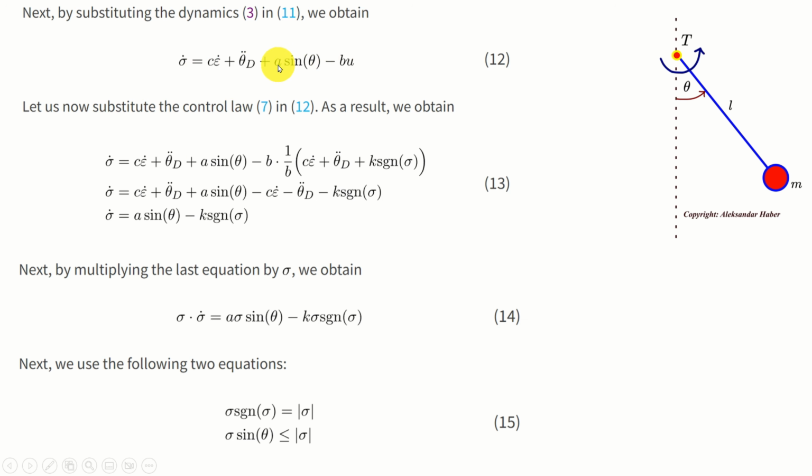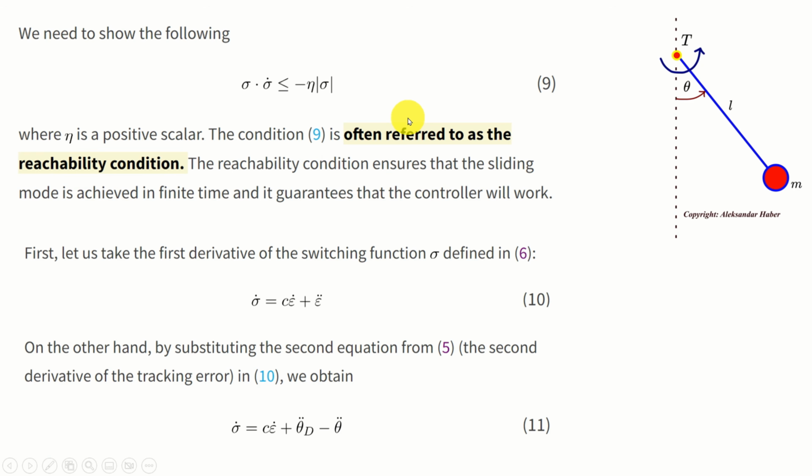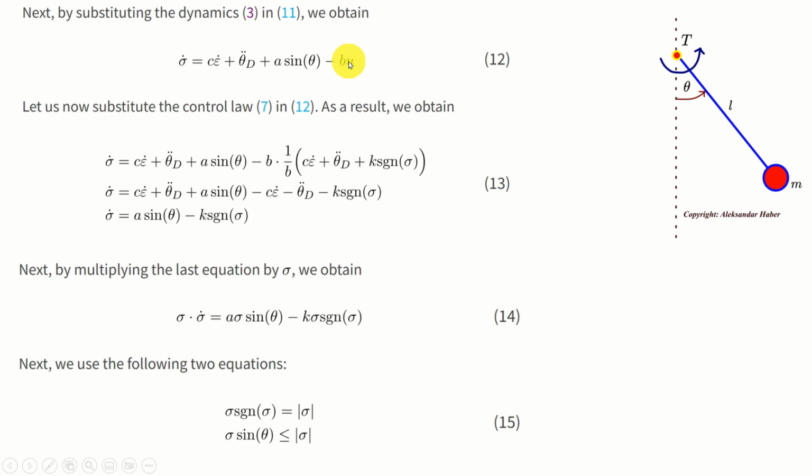Here is the parameter a, here is the sine function, and here is the b multiplying u. The next step is to substitute the control law over here. That is, instead of u, we will write this expression over here. And let's see what happens.